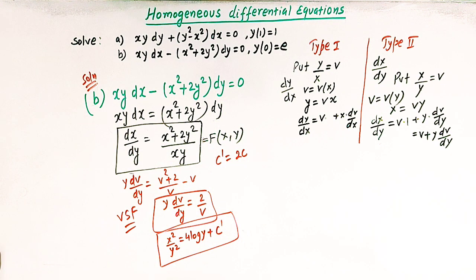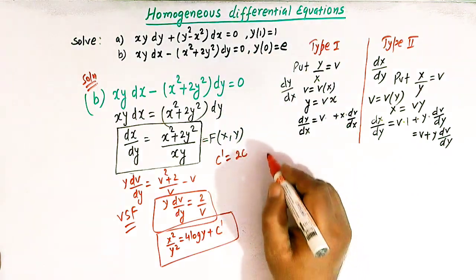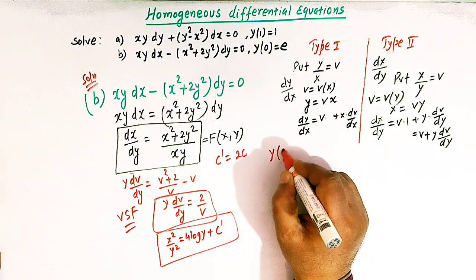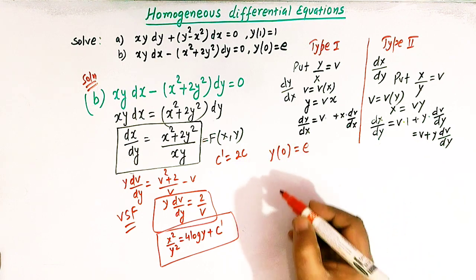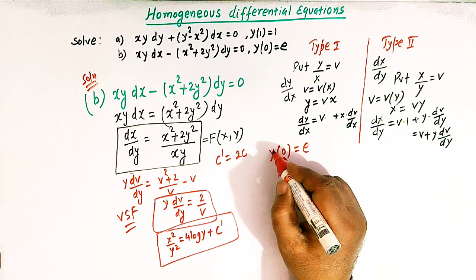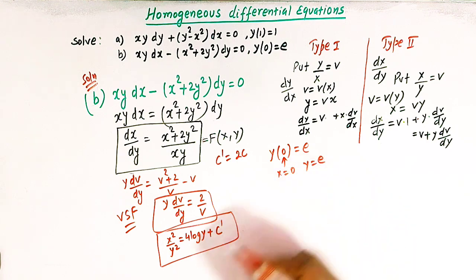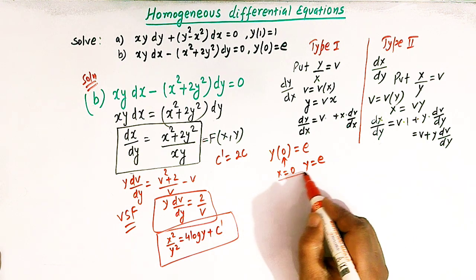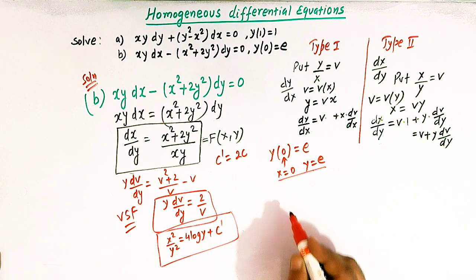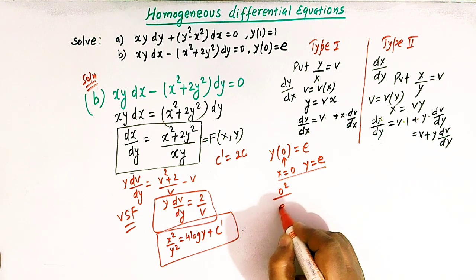Now we have to find out the value of this constant of integration c prime by taking the initial conditions or the boundary conditions. So we have y of 0 is equal to e. So this is the value of x. So x is 0 when y is e, right? E is the exponential number. So substituting these values in this equation, we have here 0 square over e square.